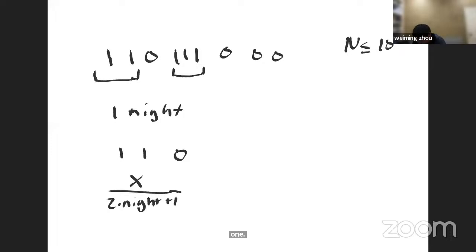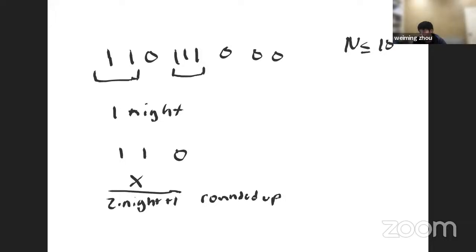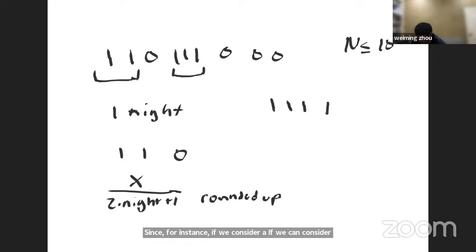And then this has to be ceiled, or rounded up. Since, for instance, if we consider a clump of length 4, and we know that it only took, or let's first go to a sample.